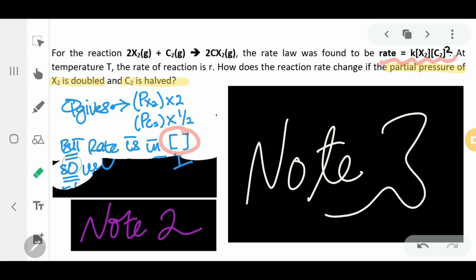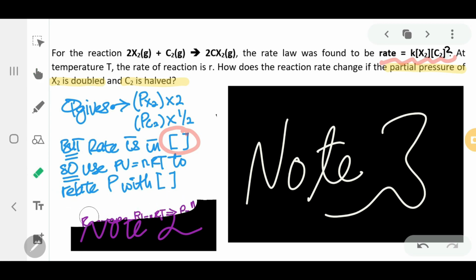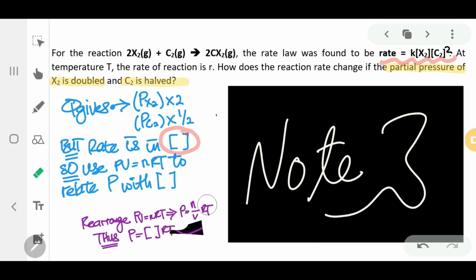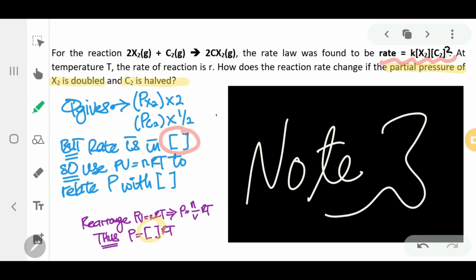So we need to use, again, PV equals nRT to relate concentration with partial pressure, to find the relationship between pressure and concentration, like what we have done previously. Therefore, in note 2, you rearrange the ideal gas law. You will get P equals concentration times RT. Again, this is the indication that they are directly proportional to one another.